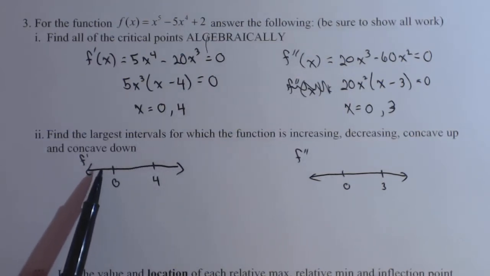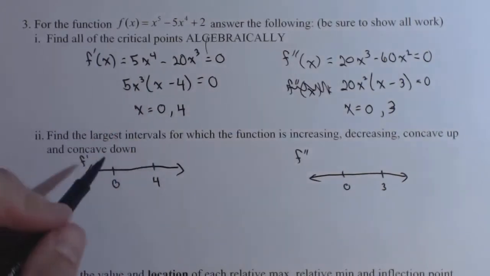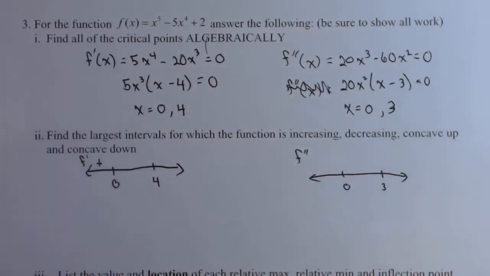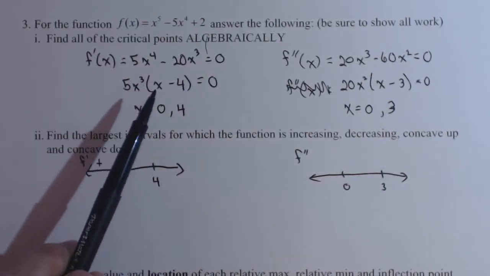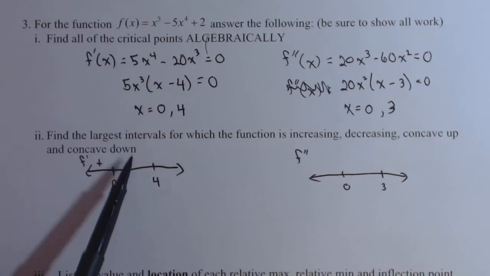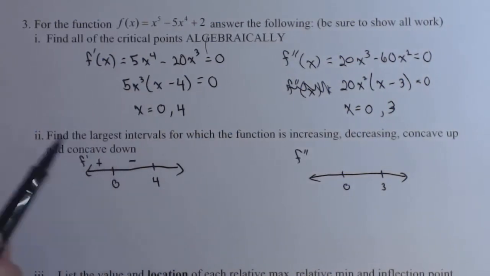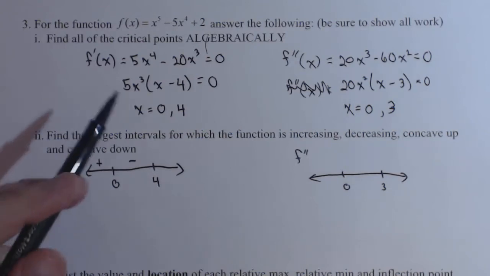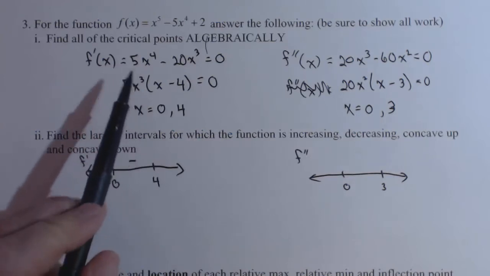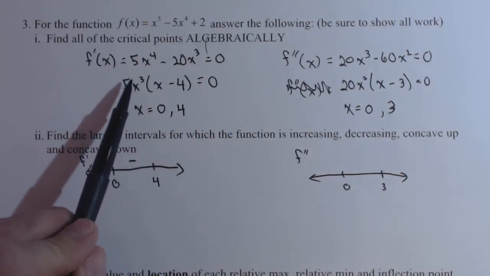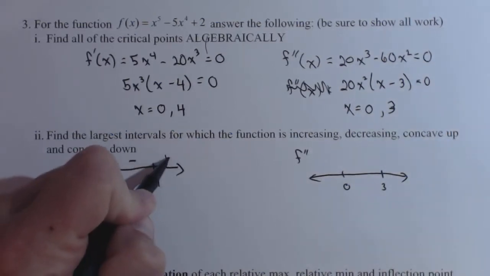So for instance, if I pick -1, I get a negative times a negative, which would be positive. If I were to put in, say, +1, I'd get a positive times a negative, which would be negative. And if I was to put in, say, a +5, I would get positive and positive, which would be positive.